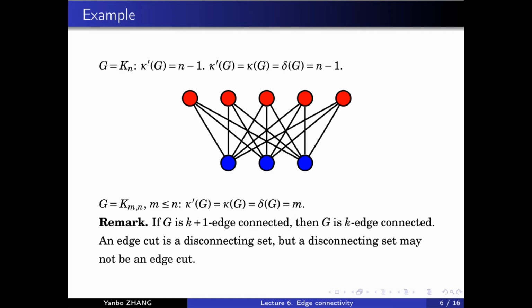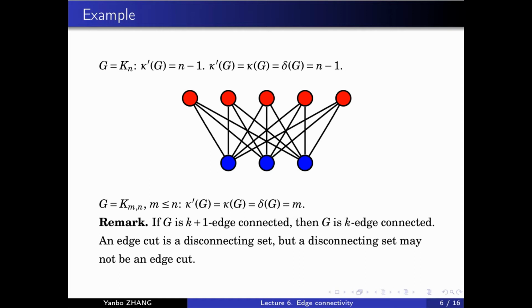To disconnect Kn, you have to delete at least n-1 edges. So its edge connectivity is n-1. Recall that its connectivity equals its minimum degree, which equals n-1. So the three parameters are exactly equal.